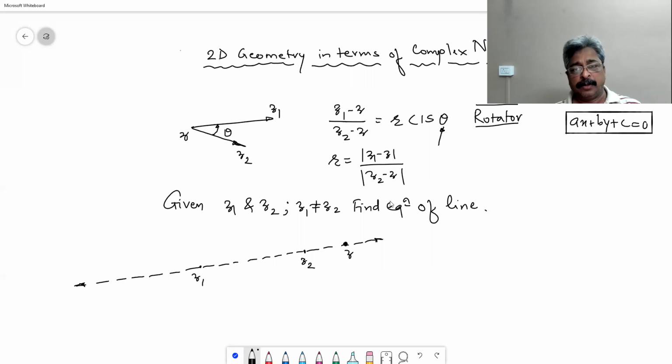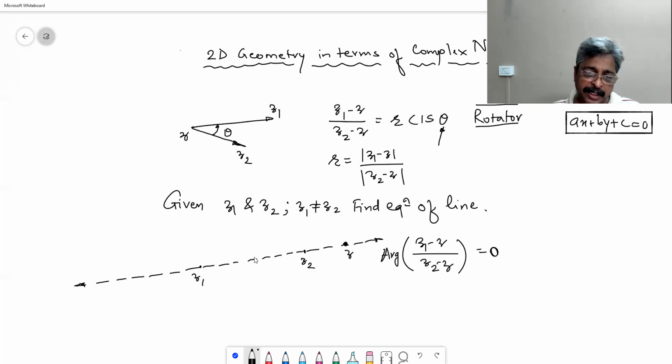If I use (z1 minus z) upon (z2 minus z), in this diagram the denominator vector z z2 becomes z z1. So what do you think about the argument? 0? Yes or no? Yes, sir. Argument of this is equal to 0.